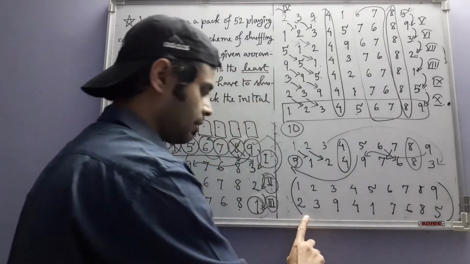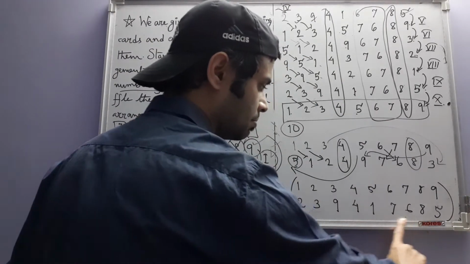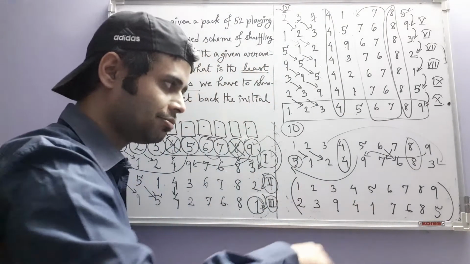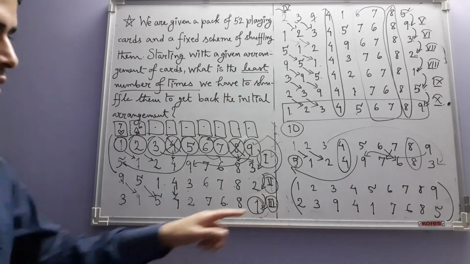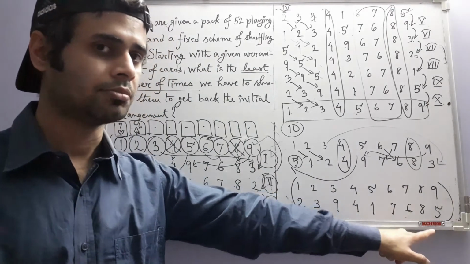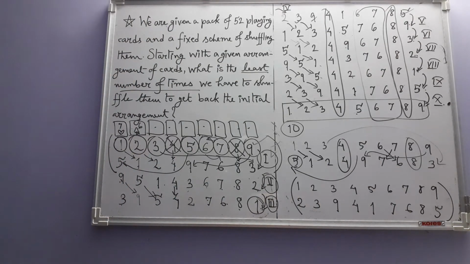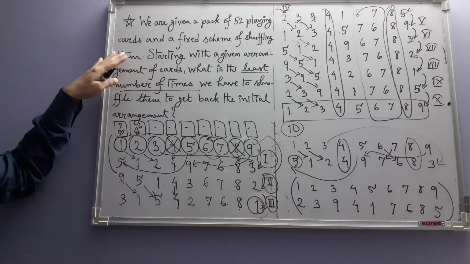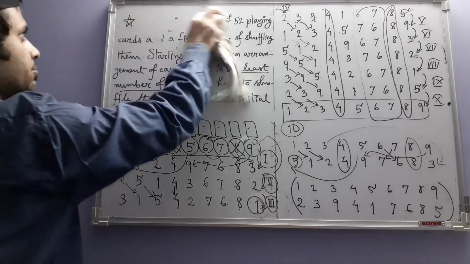But I try to devise an even simpler notation which will show me what is actually going on inside this shuffling scheme. So let me wrap this up.